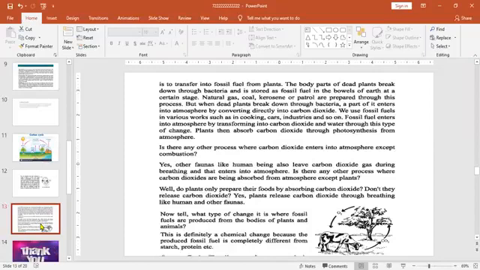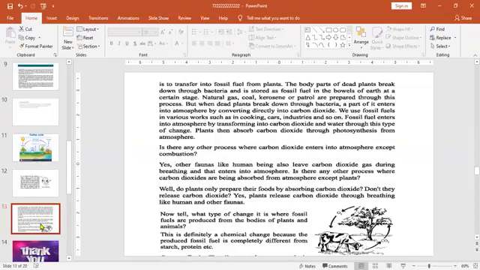I have already told you natural gas, coal, kerosene or petrol are prepared through this process. But when dead plants break down through bacteria, a part of it enters the atmosphere directly by converting into carbon dioxide.